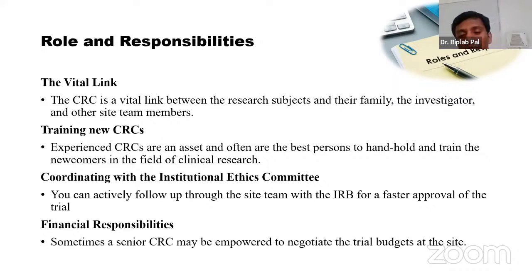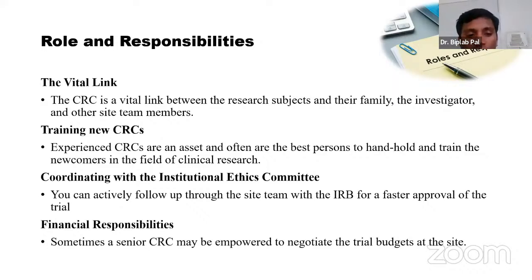All documents have to be submitted to the ethics committee. On a particular day the ethics committee will conduct a meeting and see whether any unethical aspects are there in the clinical trial or not. If everything is fine, they will give the approval. From the day the approval is given, the trial can be started. Before that, you cannot do any activity related to the clinical trial.